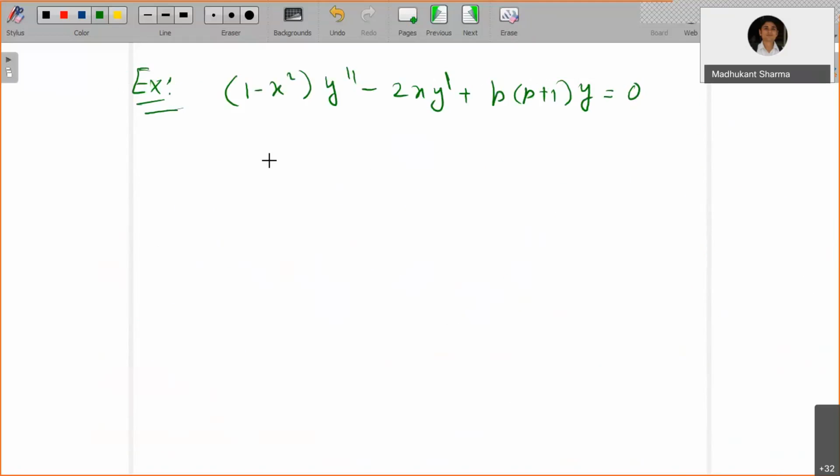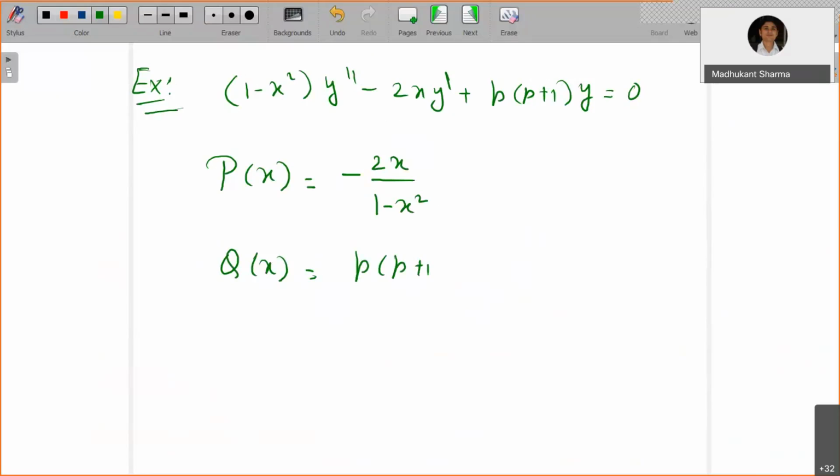Now, if you compare with the original equation, you have to make the y double dash coefficient 1, meaning you have to divide by this. So p(x) is minus 2x by 1 minus x square, and q(x) is p(p plus 1) divided by 1 minus x square.